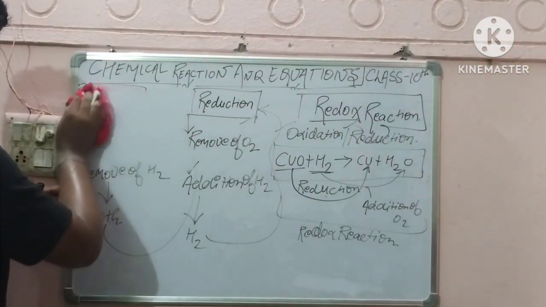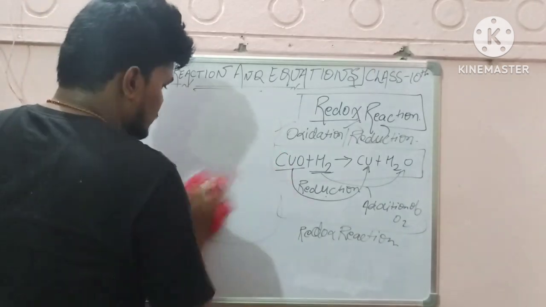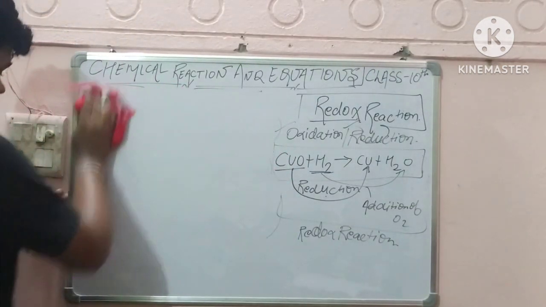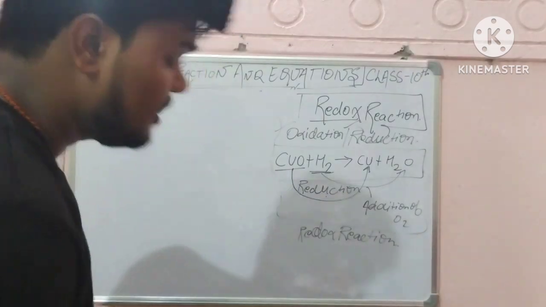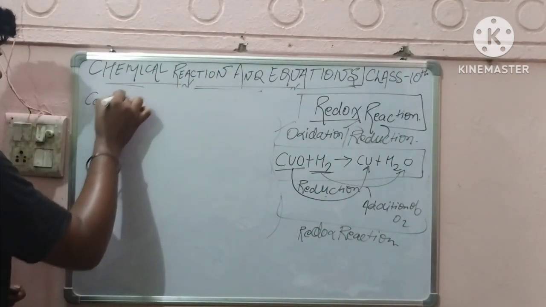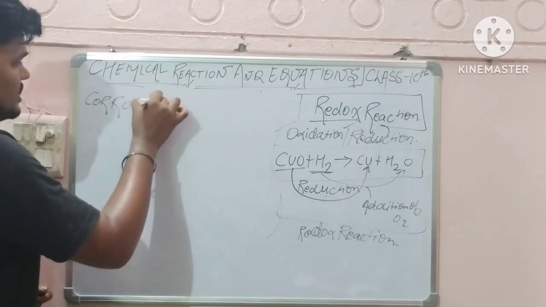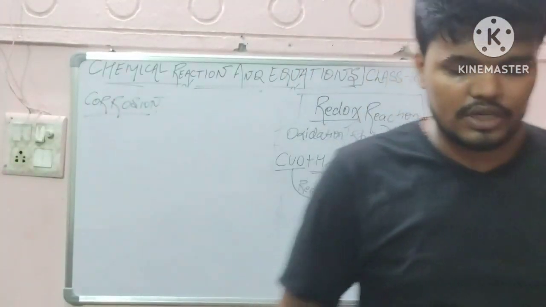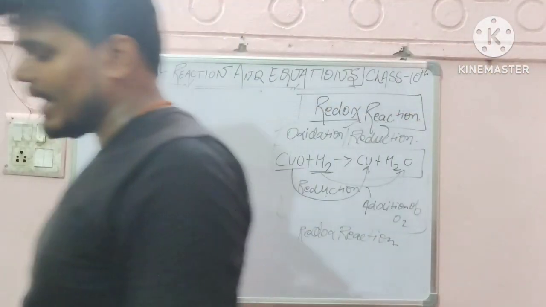Now, moving further, we have two or three topics, which will be the last topics. The first one is corrosion. Corrosion, in Hindi we say मूर्छा लगना. What happens?